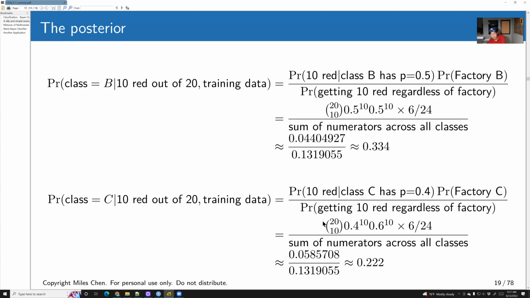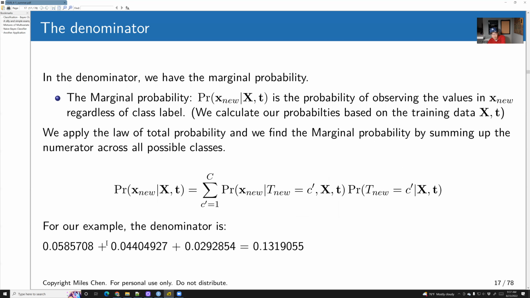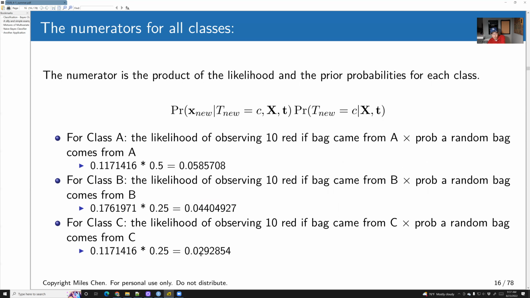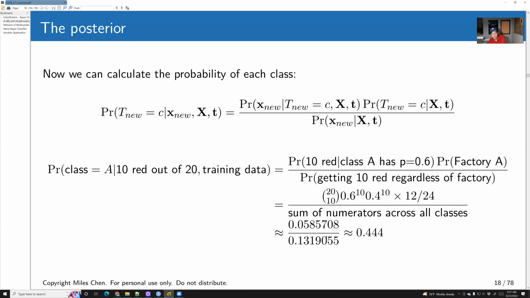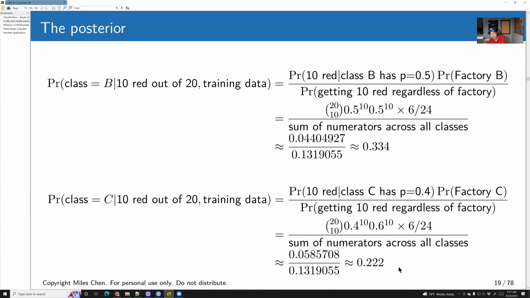Same kind of calculation: I take these three numbers and divide by the sum of the three values. Now 0.44, 0.33, and 0.22 add up to 1, with a little rounding. And those are the calculations that go into the Bayes classifier.